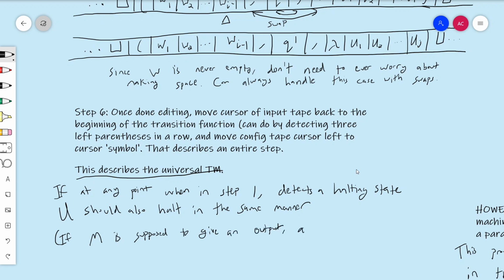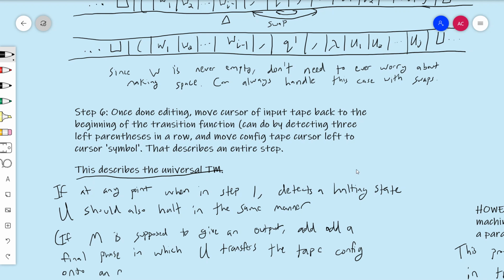we can always add a final phase in which U transfers the tape configuration onto an extra tape, and halts.